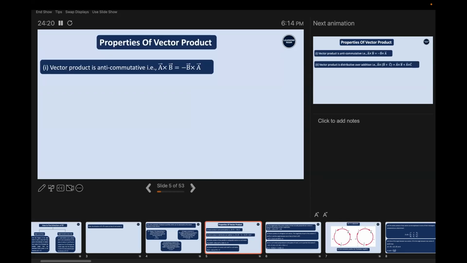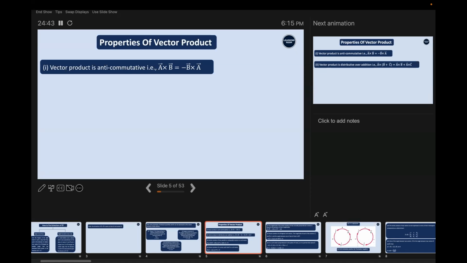Of which the first point that you need to make a note of is that vector product is anti-commutative, in the sense that A vector cross B vector is not the same as B vector cross A vector. And what is the reason for it? The direction change. I told you in the beginning, when you do A cross B, you will get n cap.